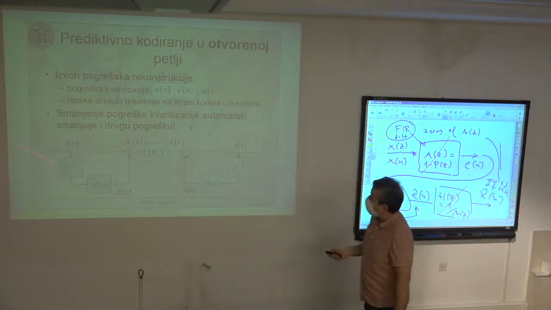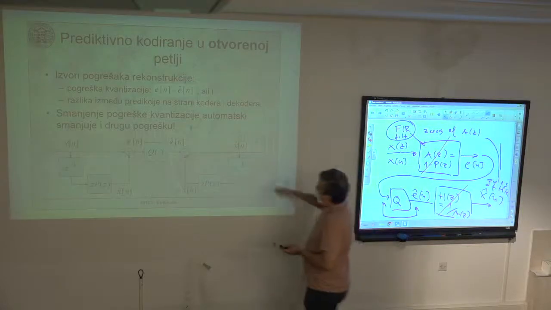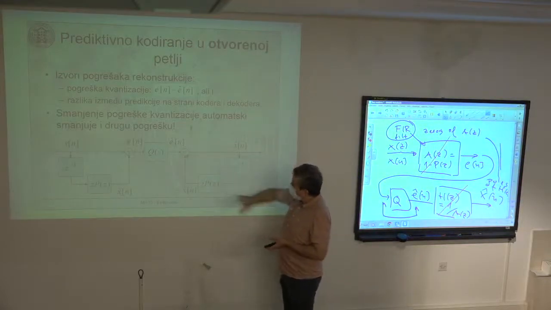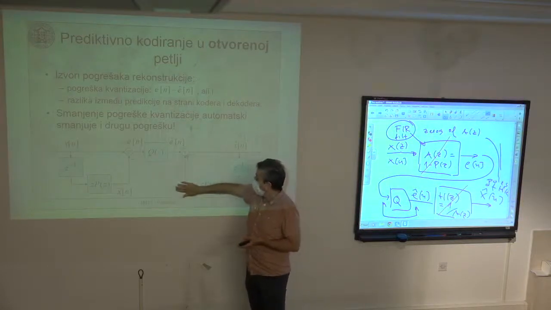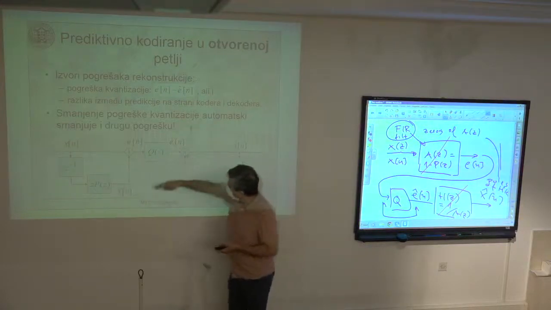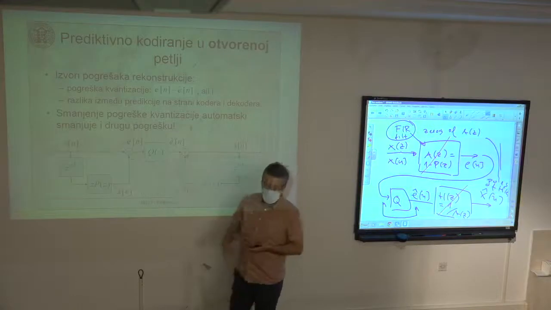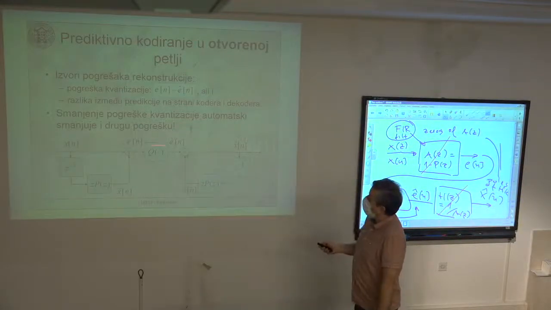But if these two are not equal, and in the case of open loop quantization, they're not equal. Why? Because the source is different. The source used for computation of prediction is different here and different here. Then this difference is an additional source of error. So the error is the combined quantization error and the prediction difference error. Okay?